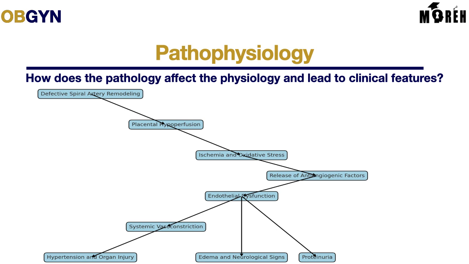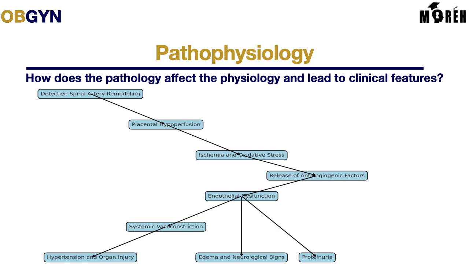Then in the liver, there's microvascular damage, which may lead to HELLP syndrome. Okay, HELLP syndrome, standing for hemolysis, the H. The EL stands for elevated liver enzymes and low platelets. And then the brain, okay, with increased blood pressure and endothelial damage, it causes neurological symptoms such as headaches, visual disturbances, and seizures, which we are calling eclampsia.